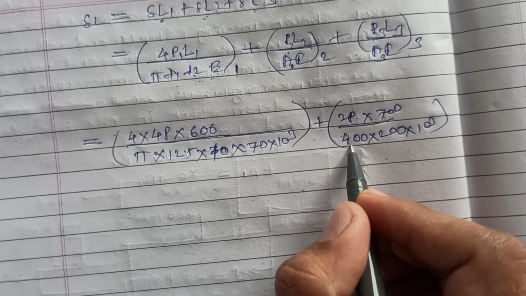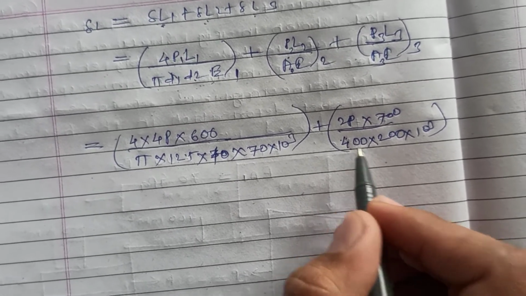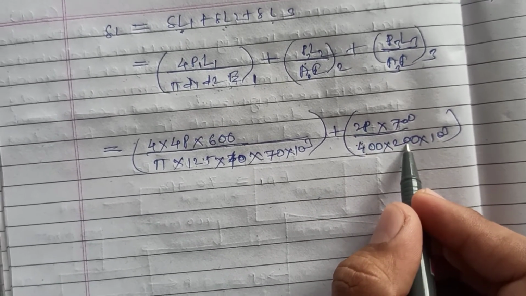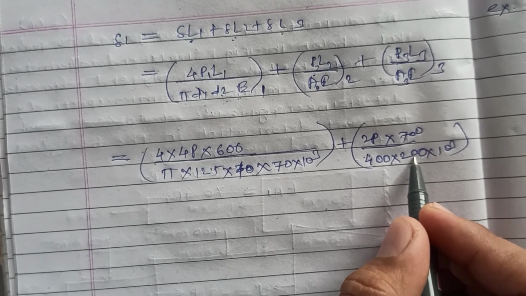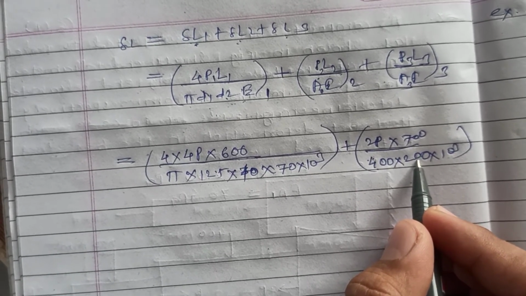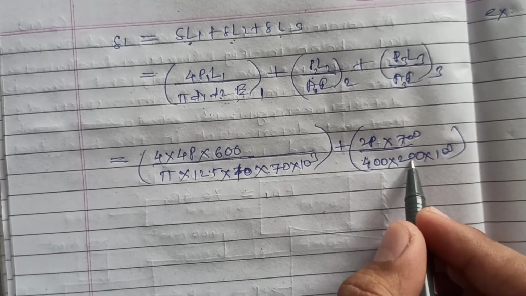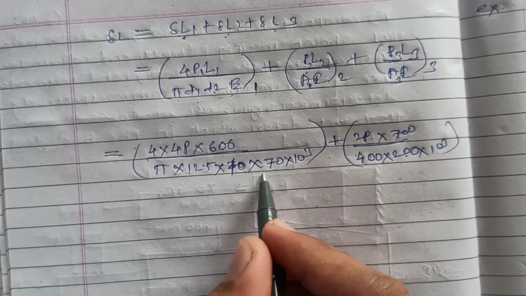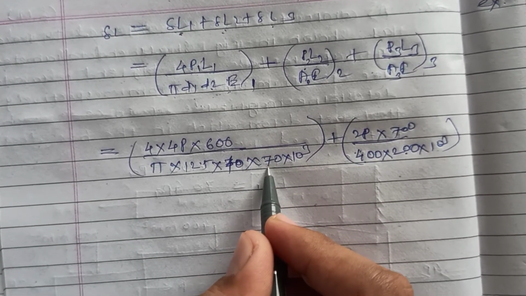Again, this is for steel, E is given for steel, it is also given in the given data. This 70 is also given in the given data.